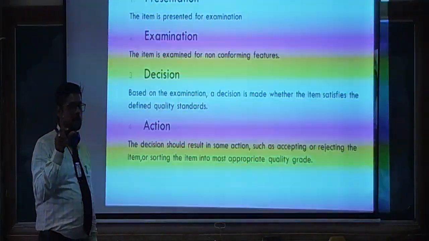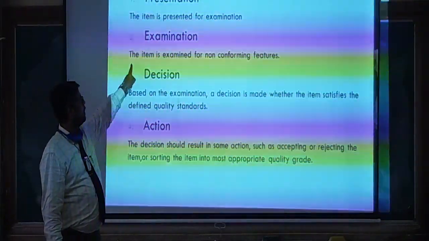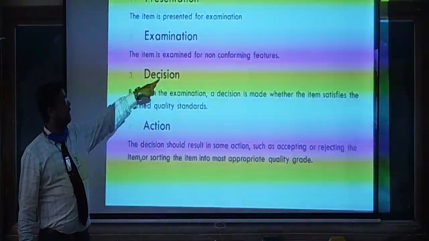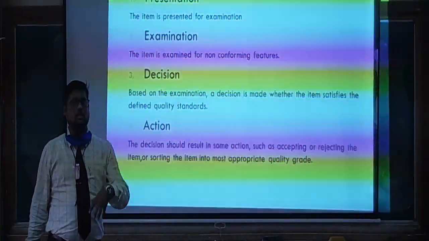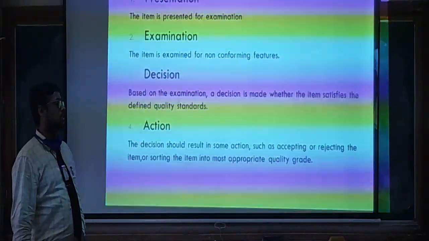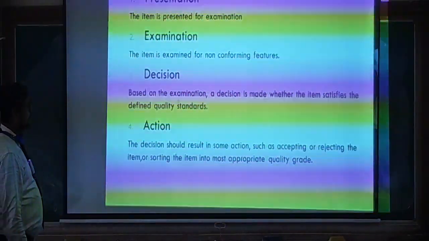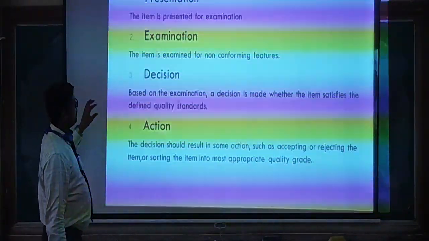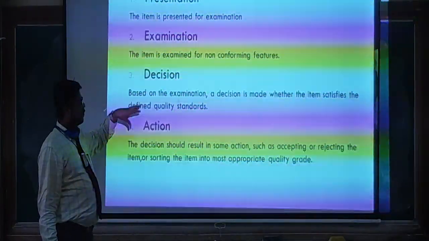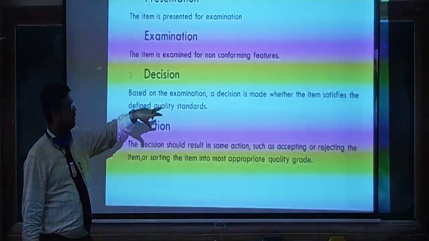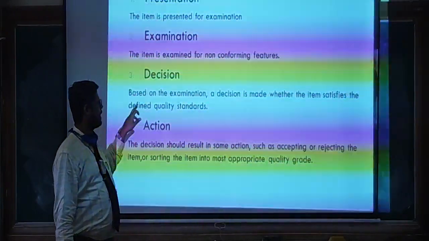So we are checking that particular feature, and the item is examined for non-conformance, whether it is conforming or non-conforming, with the help of examination. Next is decision. Based on the examination, a decision is made whether the item satisfies the defined quality standard.